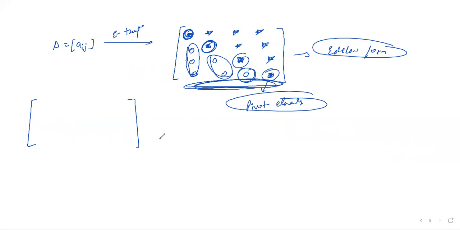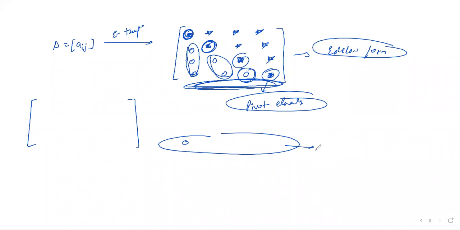After reducing to the echelon form we get many zeros, so it is easy to solve the system of linear equations, as it reduces the system. So echelon forms are of main use in linear algebra.